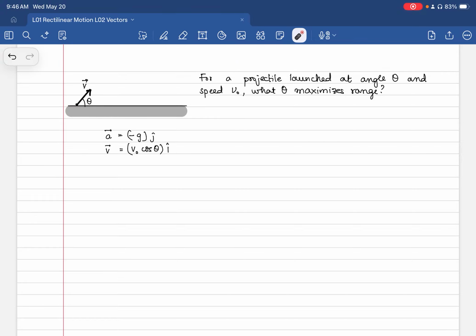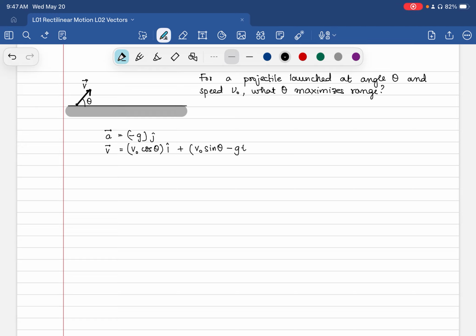And there is no acceleration in this direction, unless I specify, there's no drag or something like that that you have to account for. And then you have v naught sine theta minus gt along j hat. So now you have the velocity.